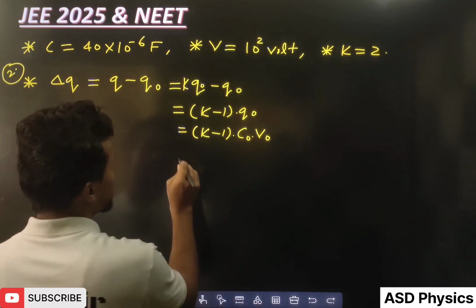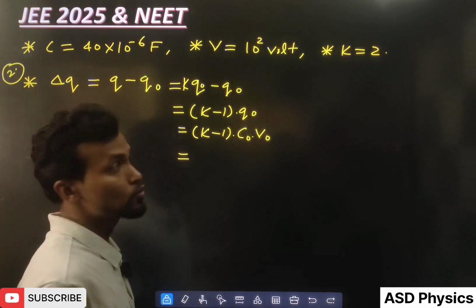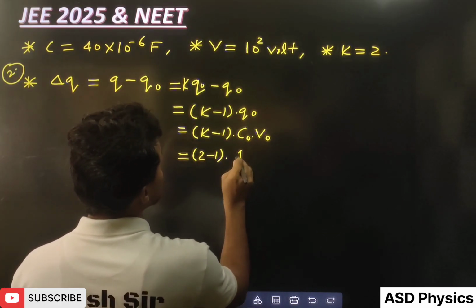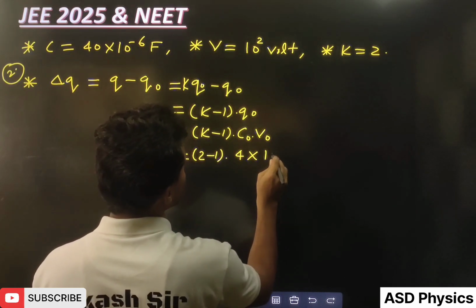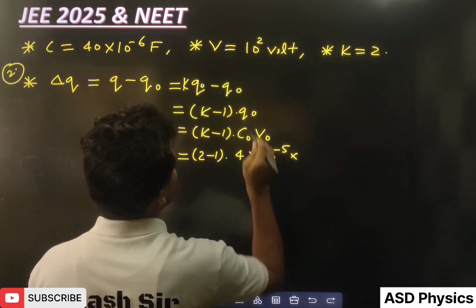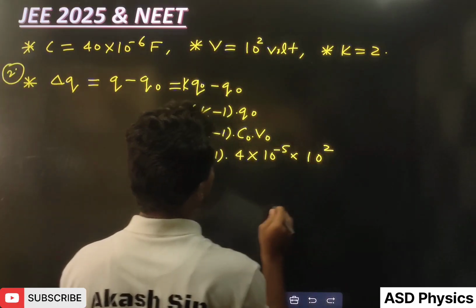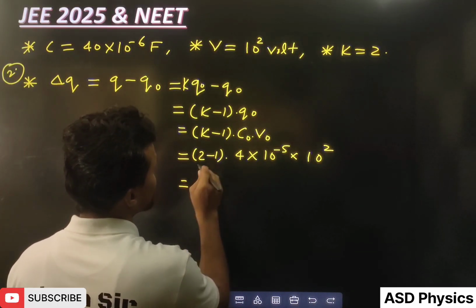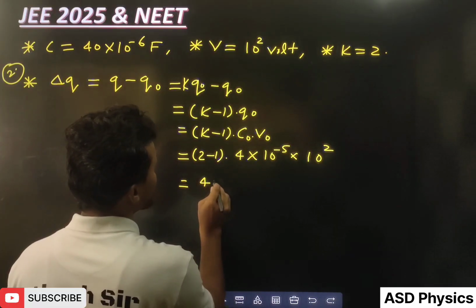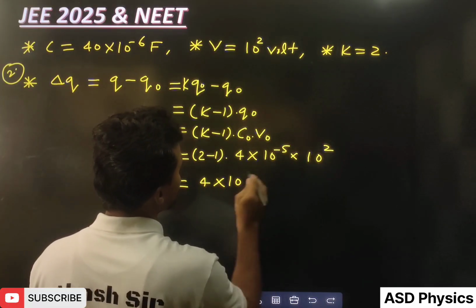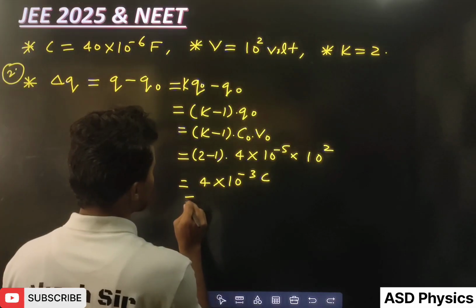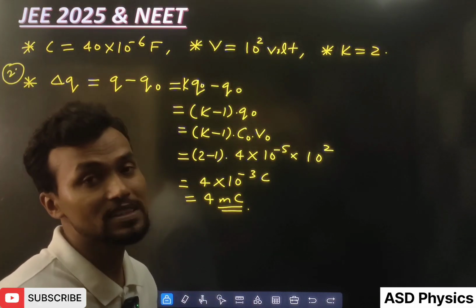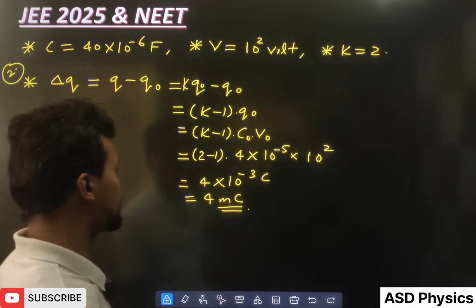K value is 2, so 2 minus 1 into 4 into 10 to the power minus 5 into 10 to the power 2. It becomes 1 into 4 into 10 to the power minus 3 coulomb, so it is 4 millicoulomb. That means the change in charge when the battery remains connected is 4 millicoulomb.